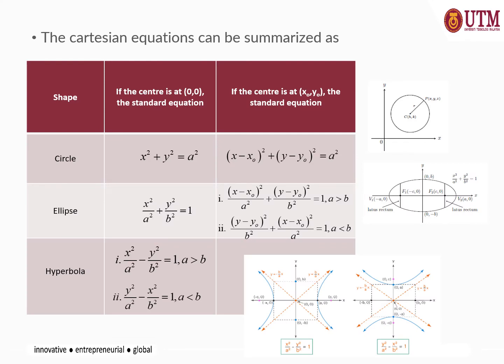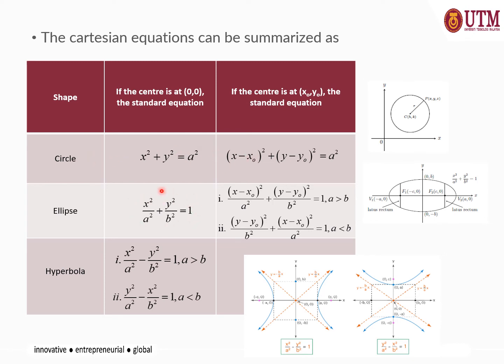Previously, when you learned about Cartesian equations in your matriculation, high school or foundation, you could determine the shape of the equation based on the standard equation. For example, here x squared plus y squared equals a squared, where the center for this equation is at 0, 0, or if the center is at a point x naught, y naught, the equation becomes x minus x naught squared plus y minus y naught squared equals a squared. So this equation refers to a circle.